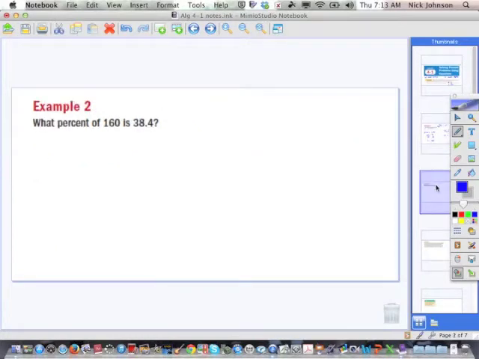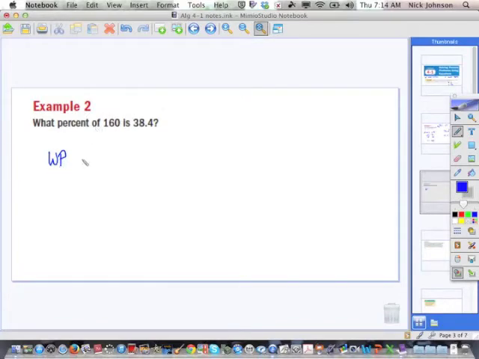Moving on, example 2. What percent of 160 is 38.4? Now, what I like to do instead of calling what percent my x, I like to put WP. Why do I put WP? So that I remember I want a percentage. So I leave it as WP for my variable.